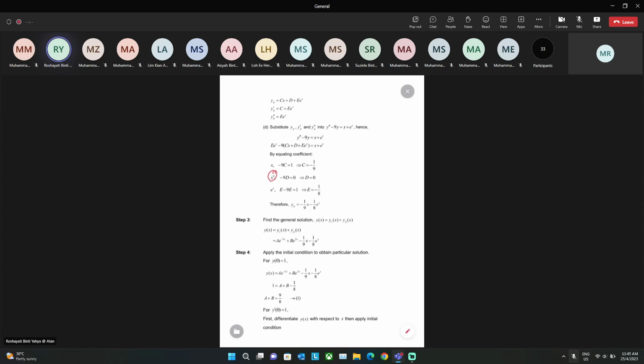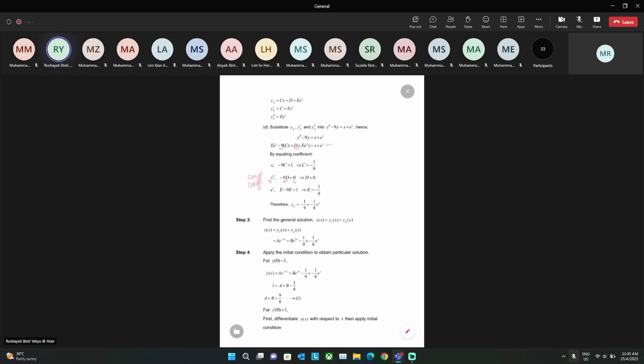So X to the power of 0 means that you have a constant coefficient. Here is the constant coefficient. So the constant coefficient is negative 9 multiplied with D, equal to the right hand side. The right hand side here has no constant, so equal to 0.